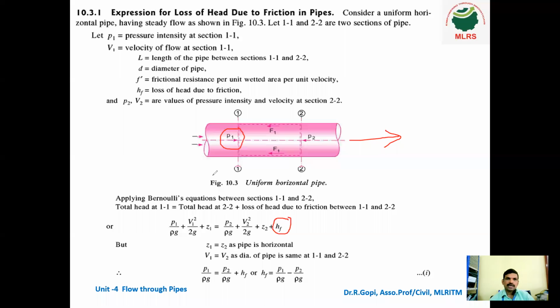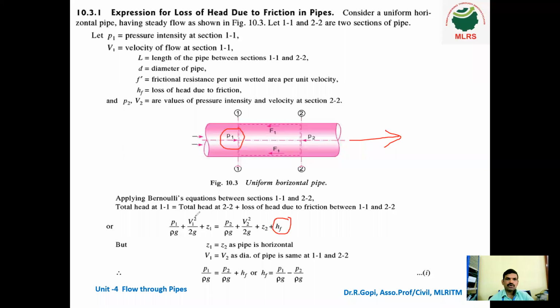Here Z1 equals Z2 because it is not a vertical pipe, it is a horizontal pipe. Both section 1-1 and 2-2 lie on the same line, so Z1 equals Z2. And due to the uniform diameter, the velocity is also the same, V1 equals V2.